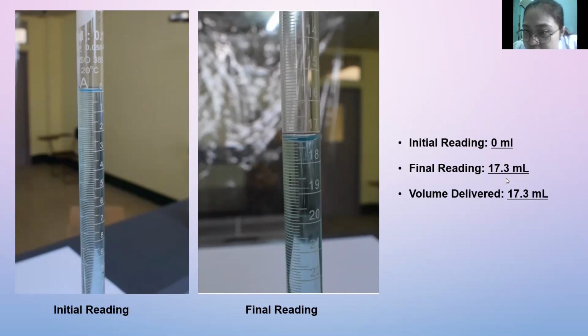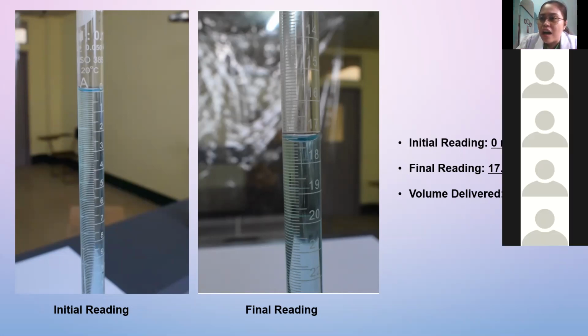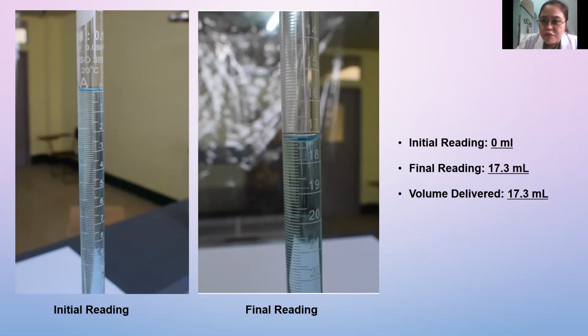Therefore, the final reading here is 17.3. So, di ba gihatag nako sa inyo ha ang atuang formula sa pag-compute sa volume na na-deliver. So, final reading minus the initial reading, that is the volume being delivered by our burette. So, 17.3 minus 0 is 17.3.